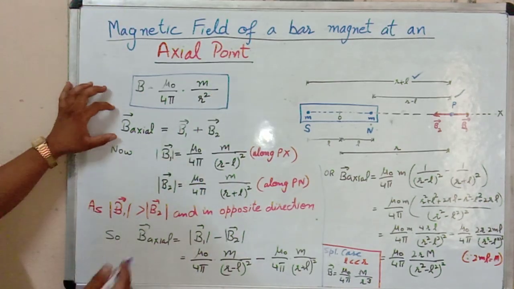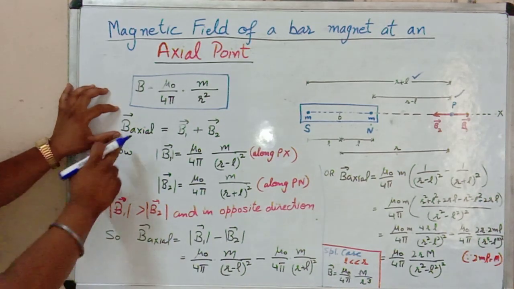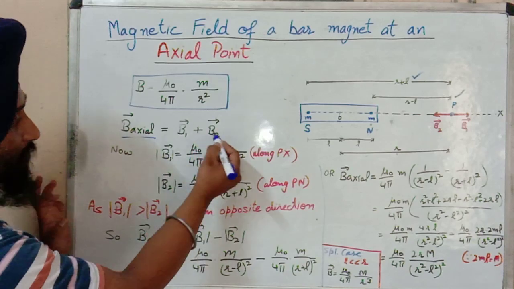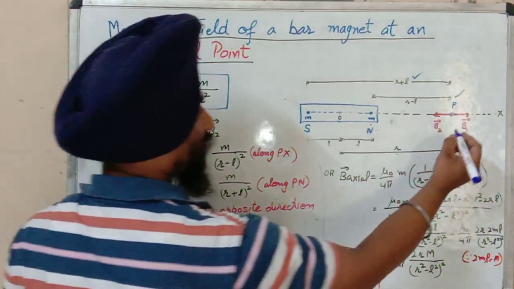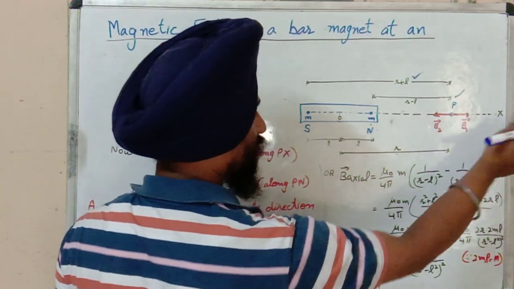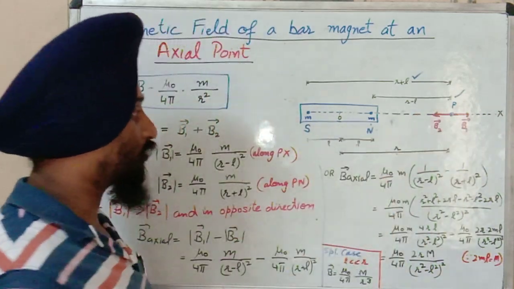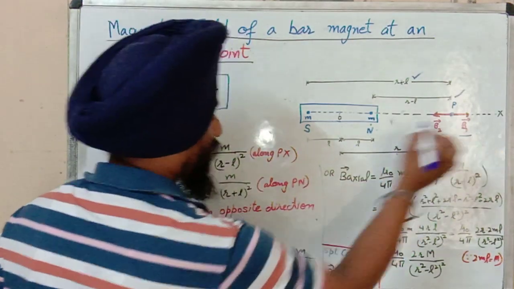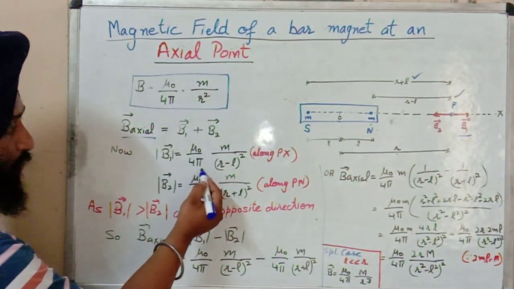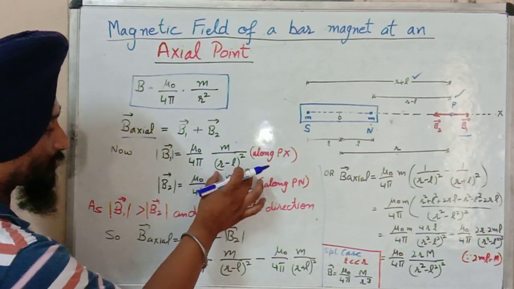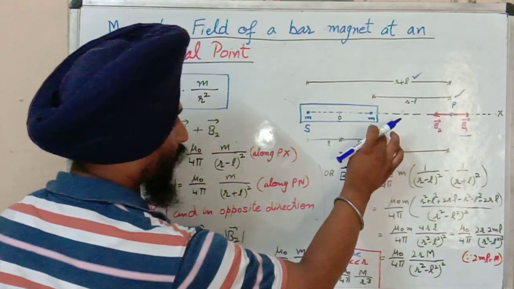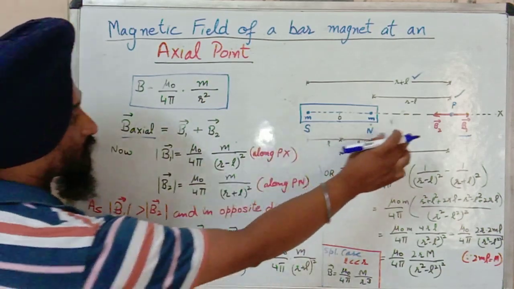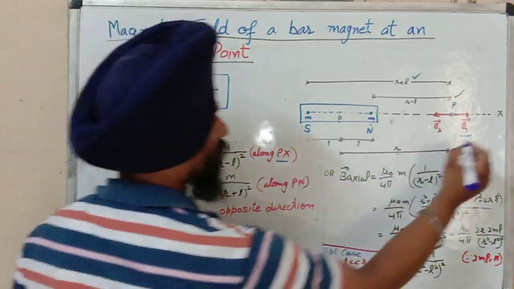Now to calculate the total magnetic field at this point, we have B axial equal to B1 plus B2, and this B1 acts along this direction and B2 acts along this direction due to the north and south pole. Now the value of B1 is given by mu naught upon 4 pi, m upon the distance of the point from the north pole, which is (r minus L) whole square, and this acts along PX in this direction.